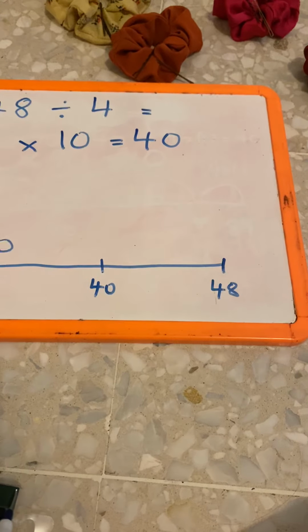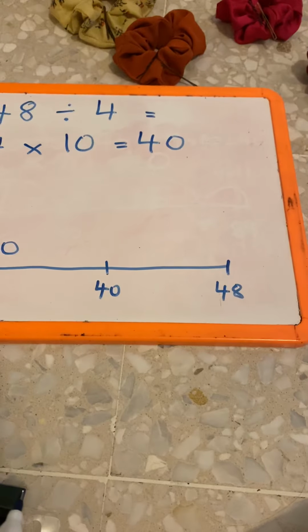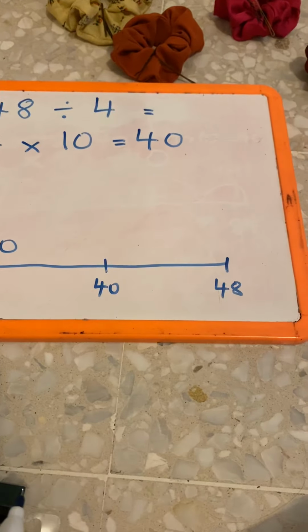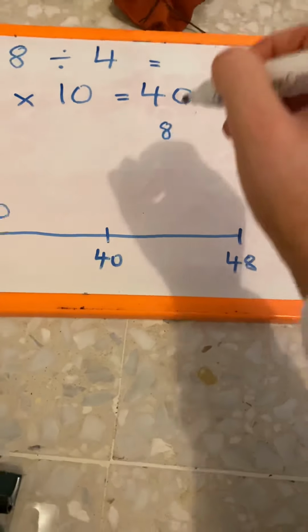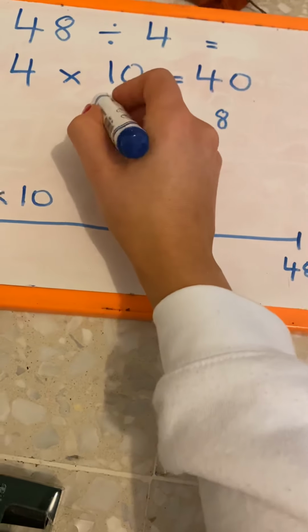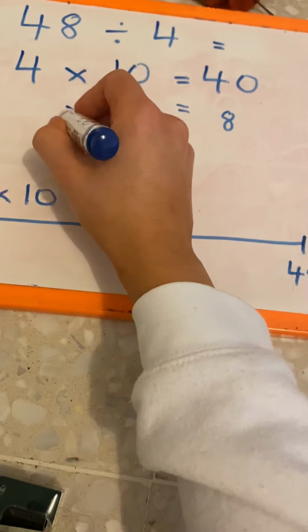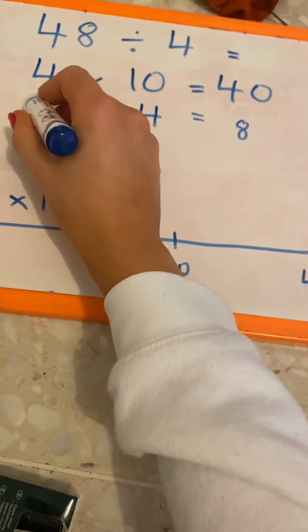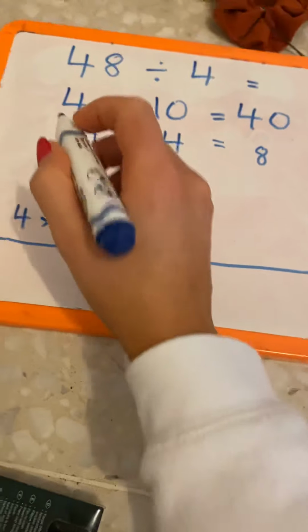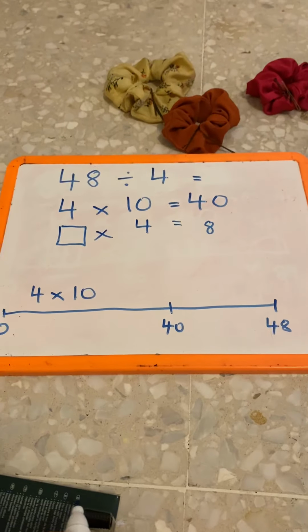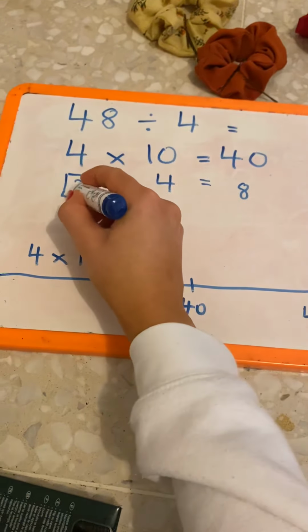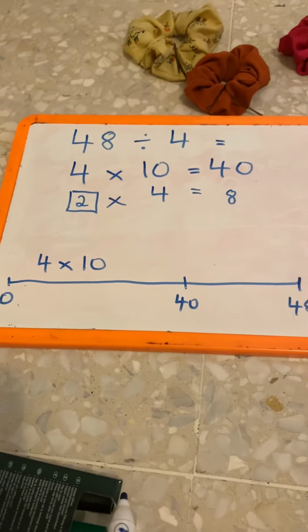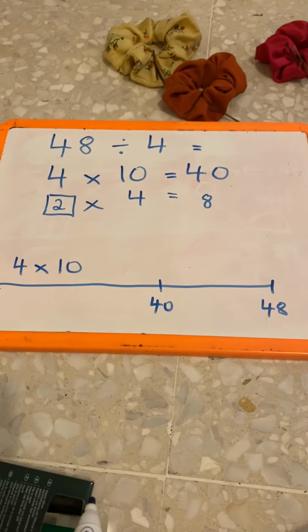Now, how many steps more do we have to take to get from 40 to 48? Well done. 8 steps. So we know something times 4 equals 8. Super! 2 times 4 equals 8.